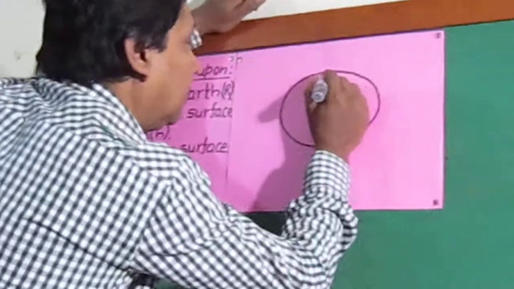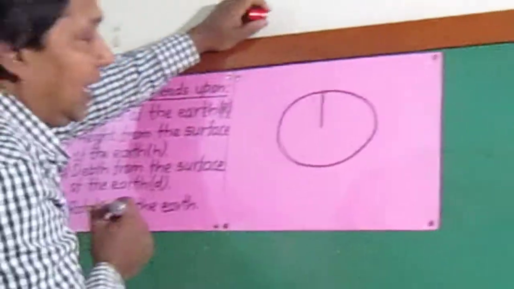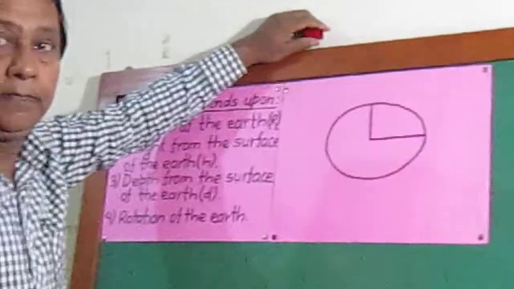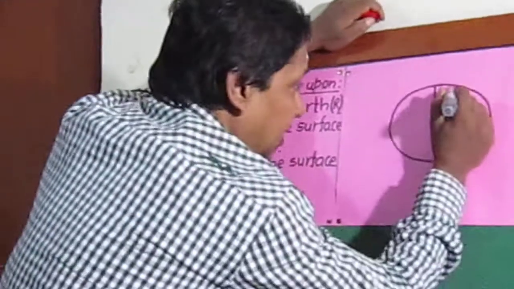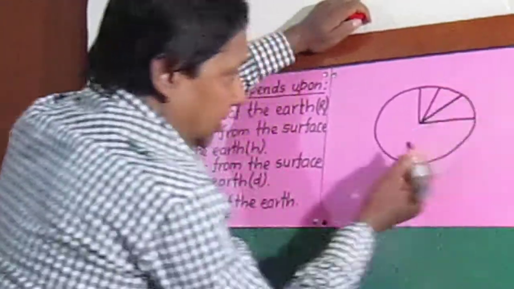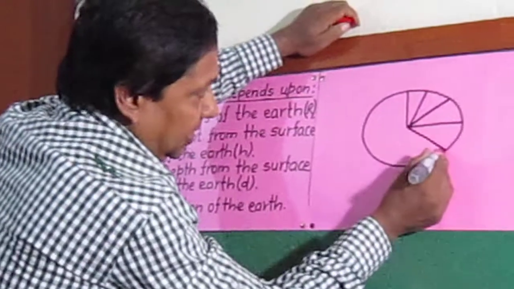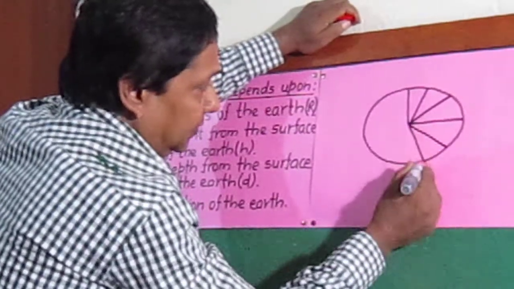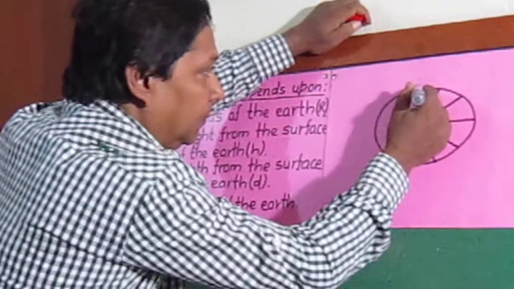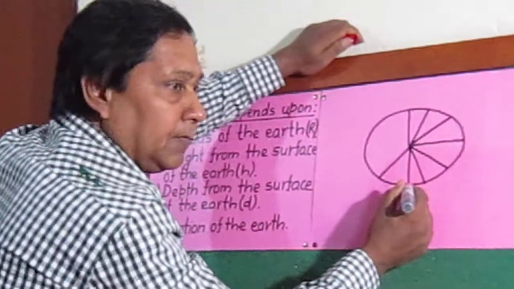That's why polar radius is less, but equatorial radius is more. In the same way, radius at other places, look at this, it's different. At different places, radius of the earth is different, but it is less at pole and more at equator.